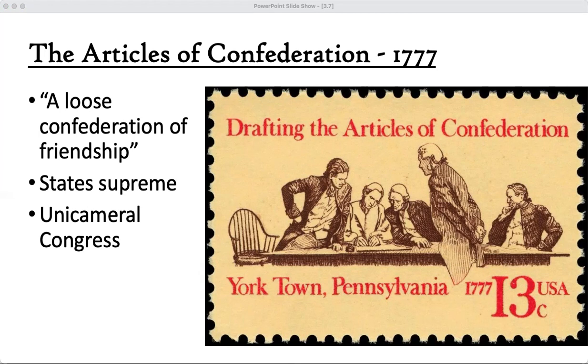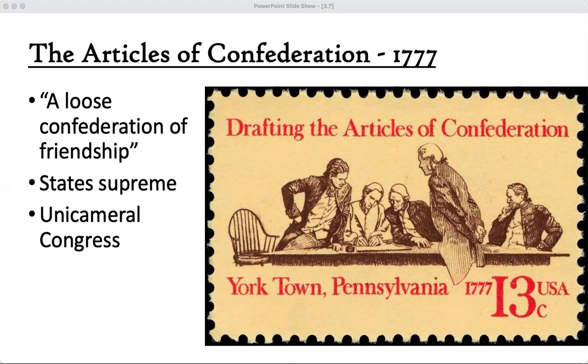They do not want any of their local power controlled at all, right? The Articles of Confederation are described as a loose confederation of friendship, right? The states are supreme. The national government is virtually powerless.